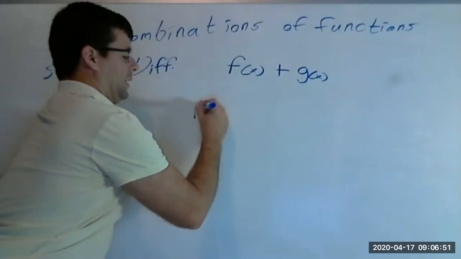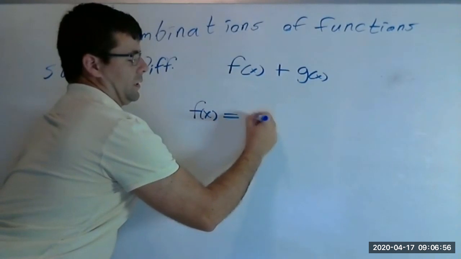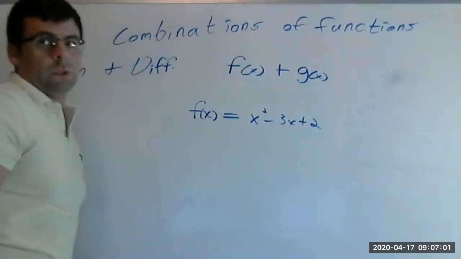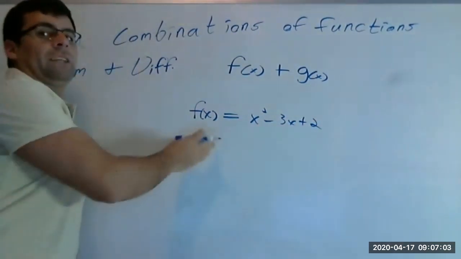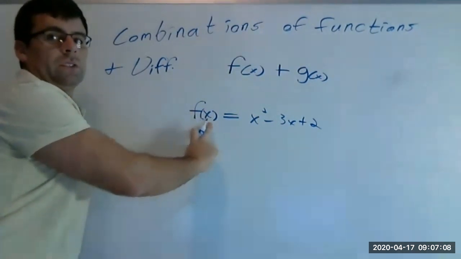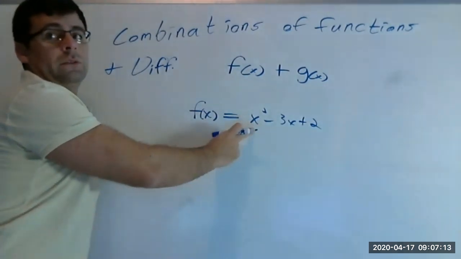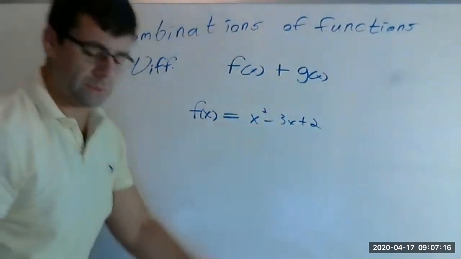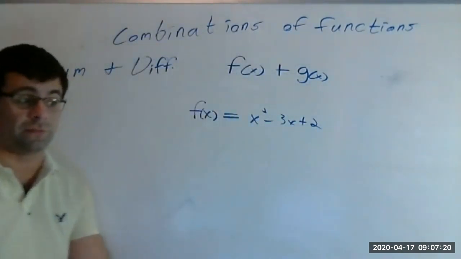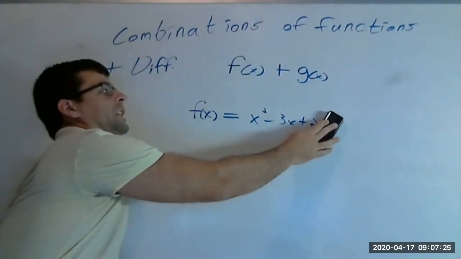So you can have f of x equals x squared minus 3x plus 2. f of x just means you take whatever you put in this little spot called the argument, and you plug it in for x in that function. We don't always want to write out the function because sometimes the function can get big, and we don't necessarily want to keep rewriting.